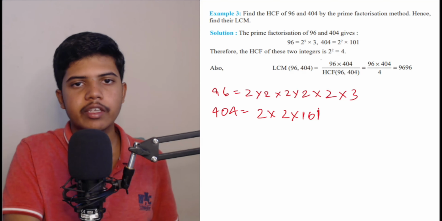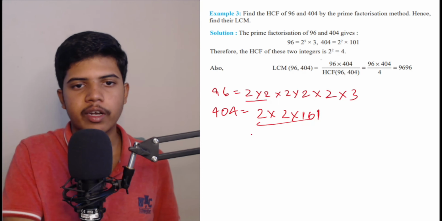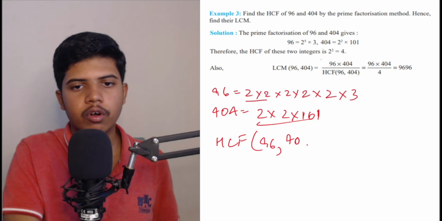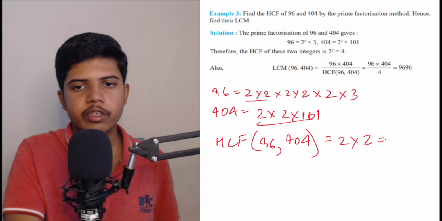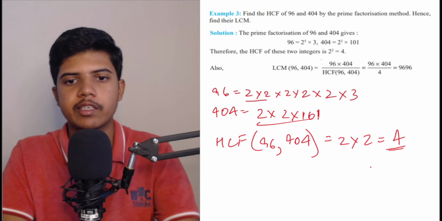So to find the HCF, you need to find what all are common. So 2 and 2 are common in both 96 and 404. So the HCF of 96 and 404 is equal to 2 into 2, which is equal to 4. So 4 is the highest common factor of 96 and 404.